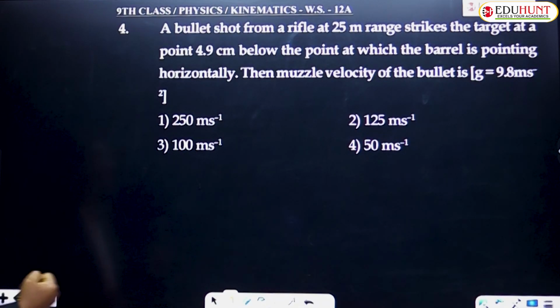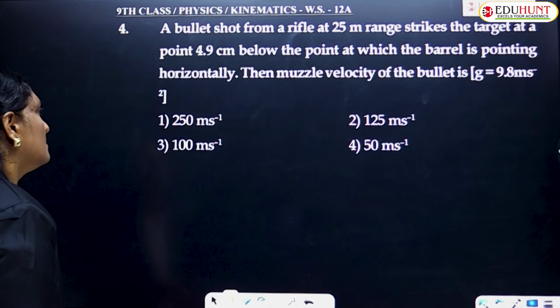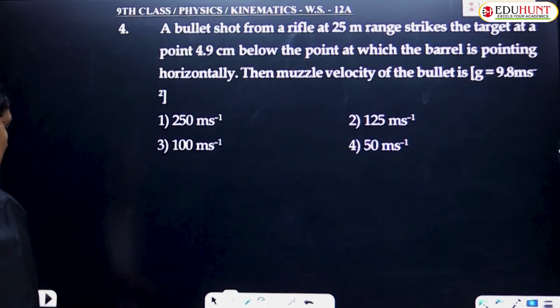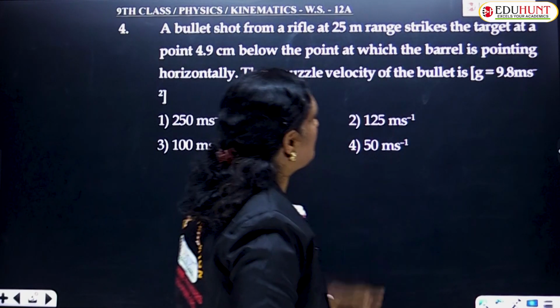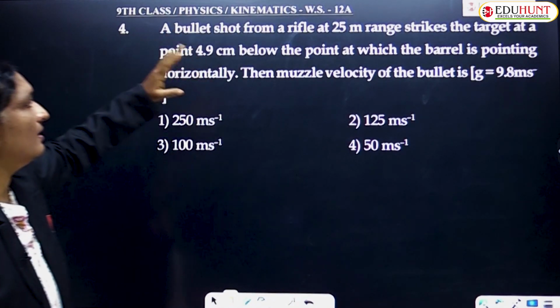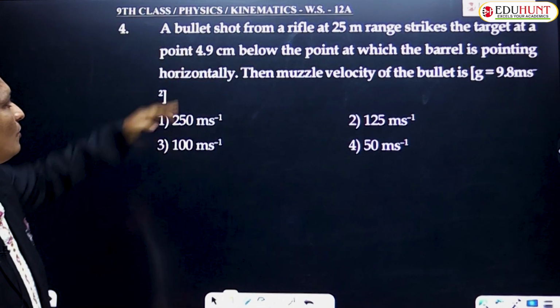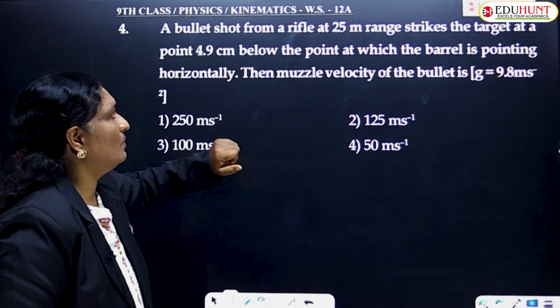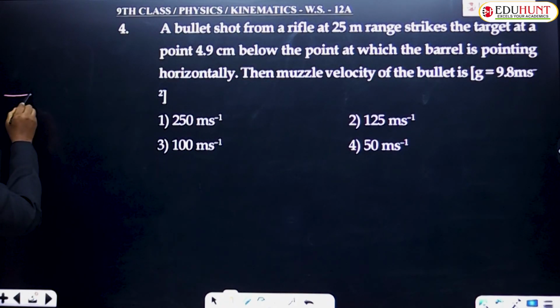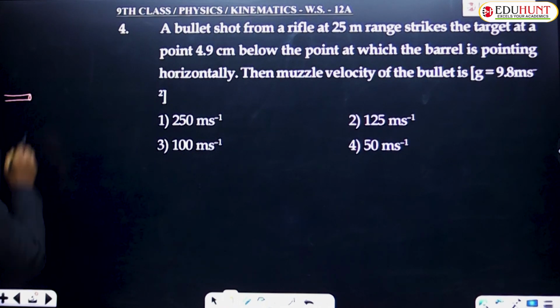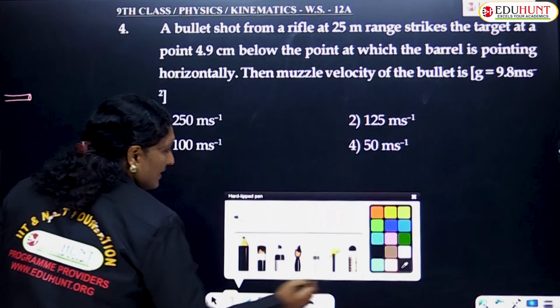Then you are asked to find the muzzle velocity of the bullet, which is the initial velocity. Okay, children. The range is given as 25 meters, and the bullet strikes the target at a point 4.9 centimeters below, below meaning the height difference. So this is the barrel from which the bullet is being released.